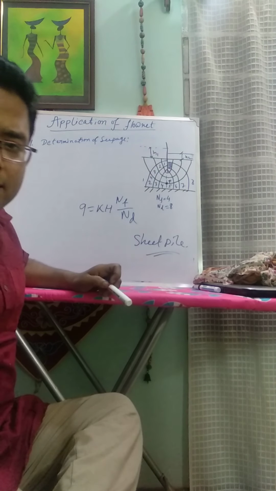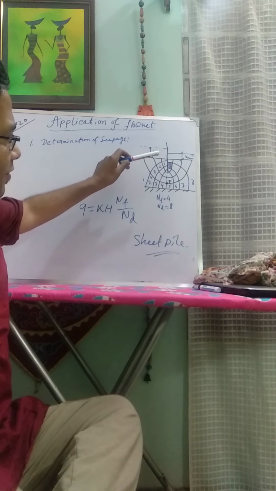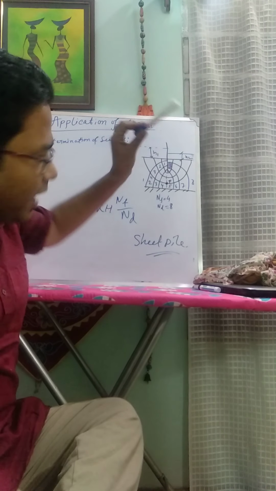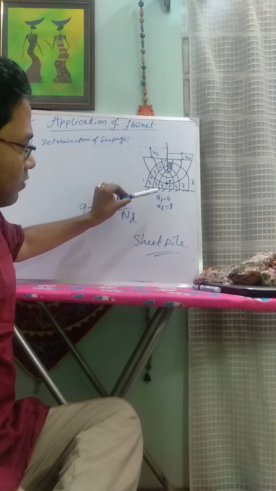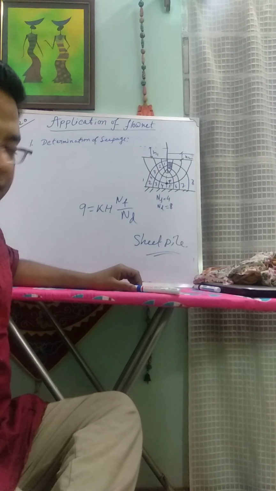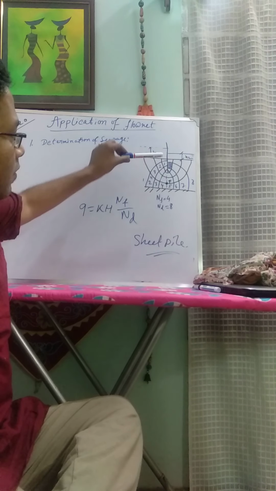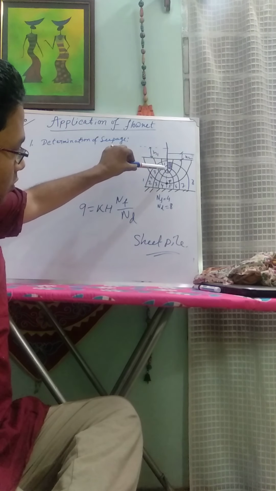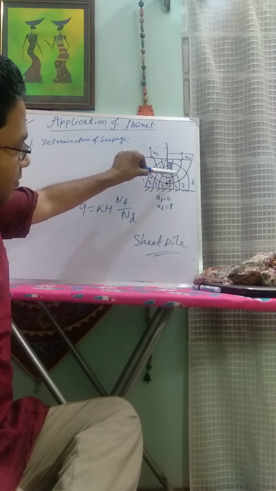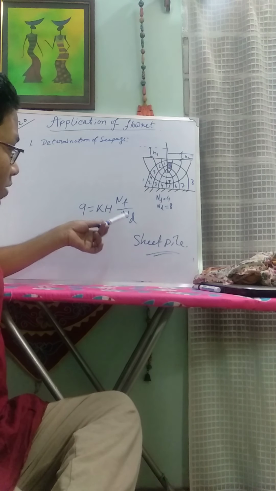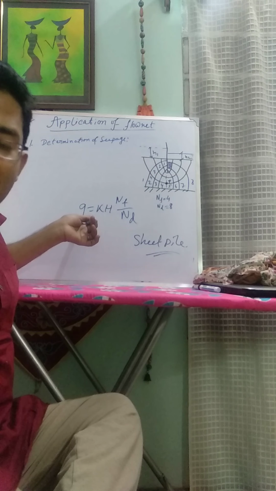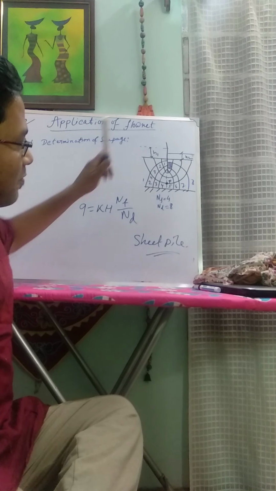Now here NF and ND. NF, that is the flow lines, 1, 2, 3, 4, so NF is 4, and ND means the potential drops, that is 1, 2, 3, 4, 5, 6, 7, 8. That is 8. Put the values here and you will get the quantity of seepage from the Flownet.